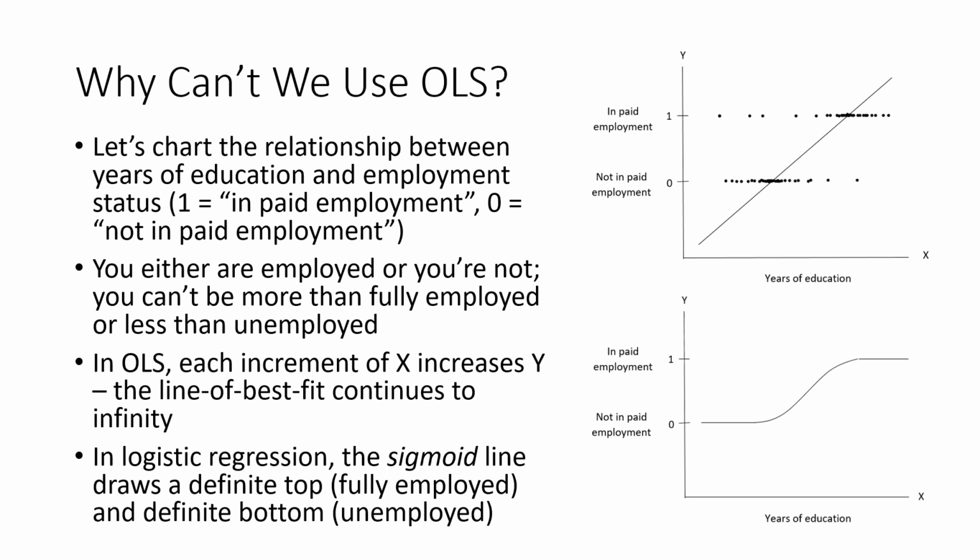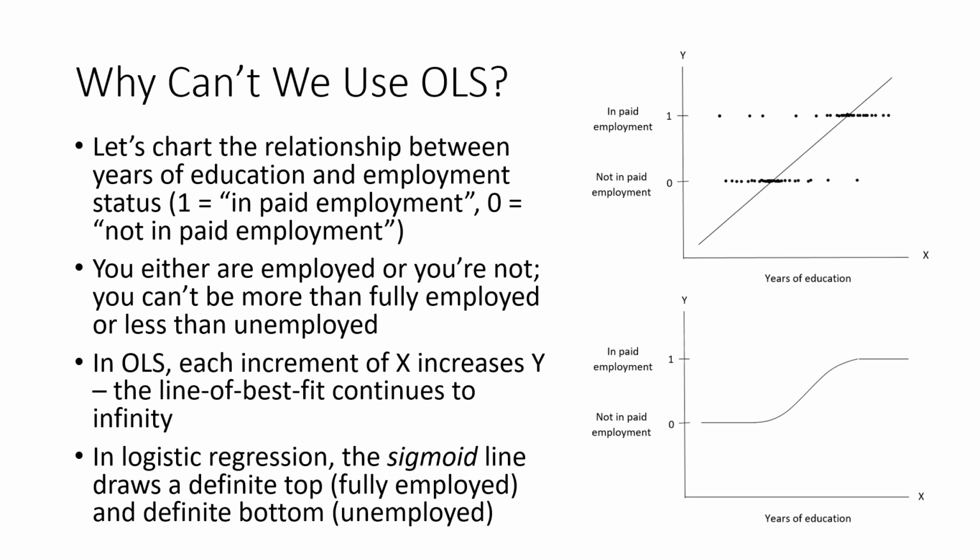The fact is, when you're dealing with these types of variables, you're either employed or you're not employed. It's that simple. You can't be more than fully employed and you can't be less than unemployed. So there is a ceiling and there is a floor for this particular outcome. And the problem is, if you use OLS to predict a two-category outcome, you can still produce a line of best fit, as you can see in the top right-hand corner.